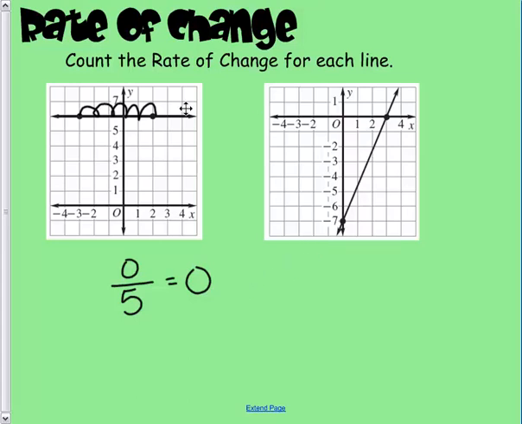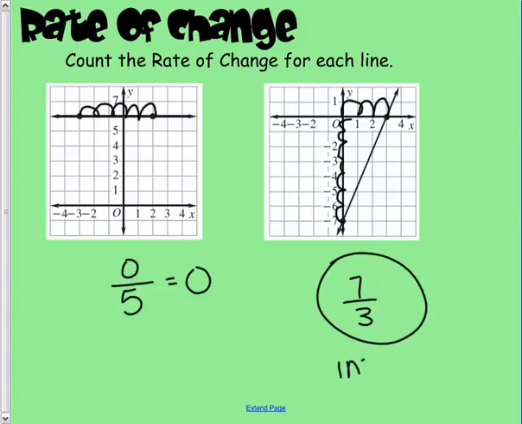If we look at this one, we rise 1, 2, 3, 4, 5, 6, 7, and we run 1, 2, 3. So 7 over 3, and we can leave it improper. Would this one be increasing or decreasing? This one's increasing. Let's go back. This one would be neither.